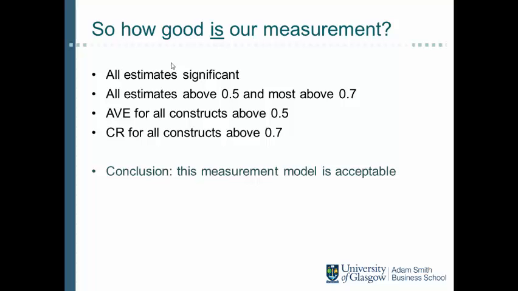Let me just recap what this tutorial was about. In this tutorial, we looked at reliability of our model, and we used 2 indicators, average variance extracted and construct reliability, to determine how good our model is. We have calculated the formulas based on estimates from AMOS and decided that our model is acceptable.